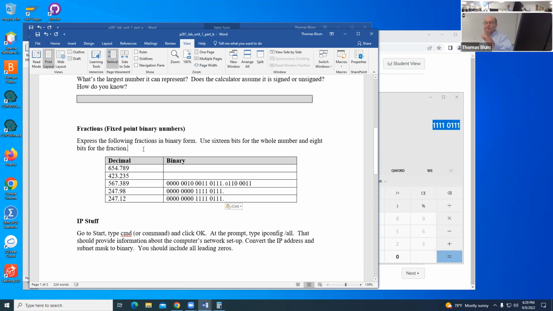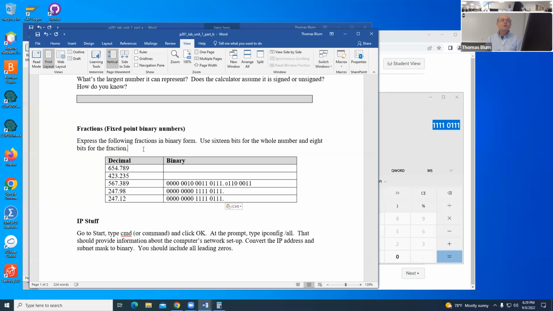You can play the game with 0.98: multiply it by 2 and get 1 point something, take that 1, and do that 8 times because there are 8 bits. But I don't want to do that because, as I say, I like to cheat.